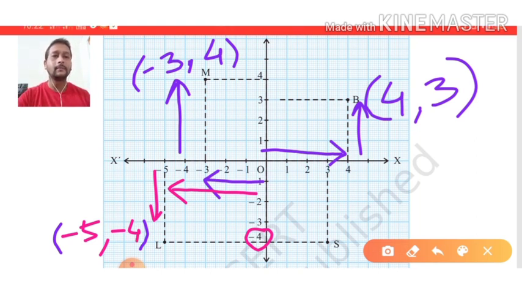Likewise we can plot any point given on the graph paper. I'll summarize again.